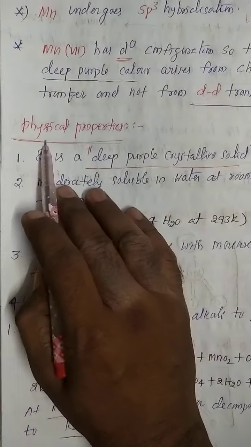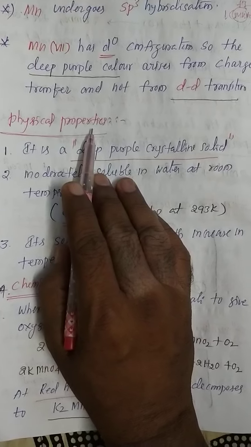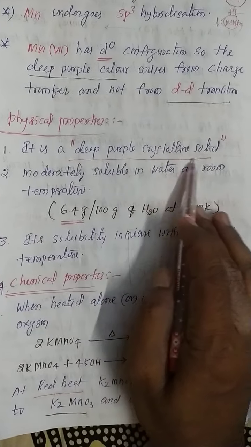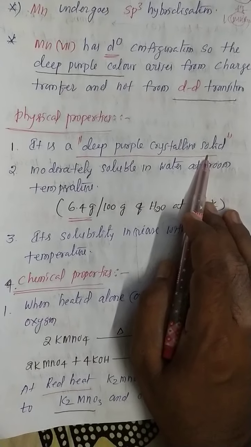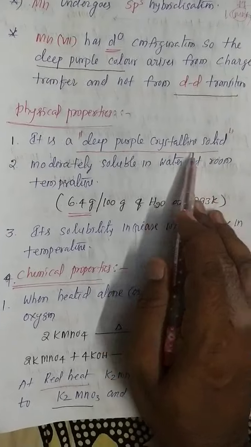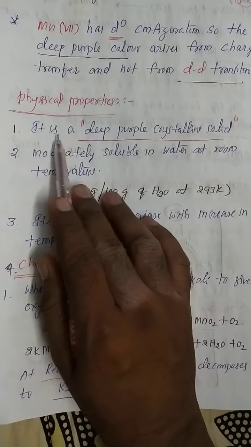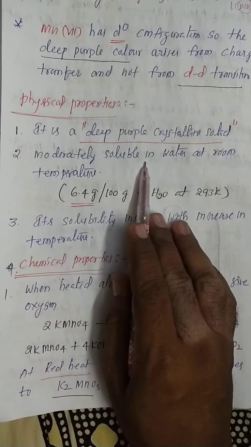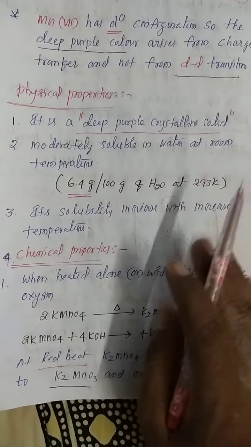The next one is the physical properties of potassium permanganate. It is a deep purple crystalline solid. Now I will send the image of potassium permanganate through your group WhatsApp. Physical properties: it is a deep purple crystalline solid, moderately soluble in water at room temperature.